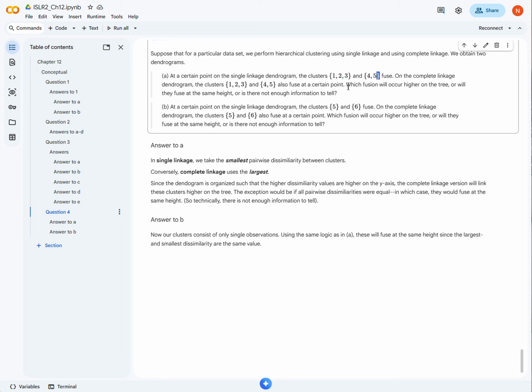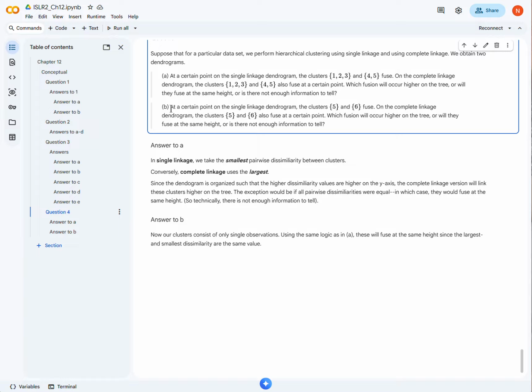Well, no, I guess you could. Never mind. Sorry. Yeah, you could have 1, 2, and 3 be small dissimilarity, 4 and 5 be small dissimilarity, but the pairwise between the two all be the same. So I think that technically there's just not enough information to tell, although it's probably complete linkage that joins them higher.